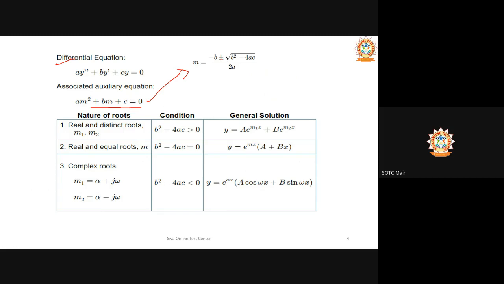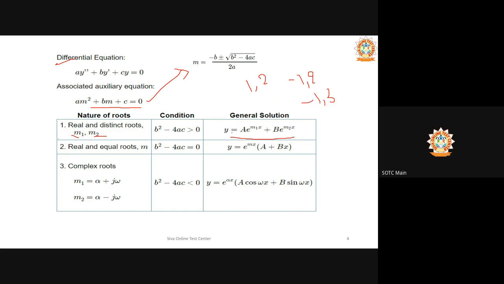Now try to see if the roots are real and distinct. Let us suppose m1 and m2 are the two roots of this quadratic equation. If these are real and distinct, like 1 comma 2, minus 1 comma 2, minus 1 comma 3, they should be two different values. Then your general solution, or complete primitive, or complete integral is given by y is equal to A e power m1x plus B e power m2x.